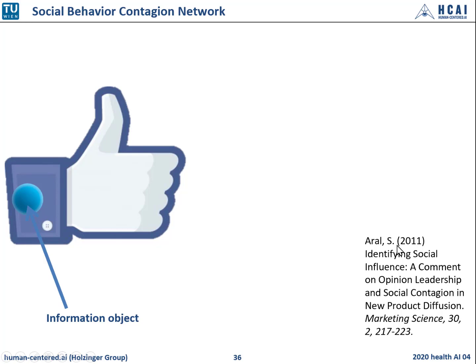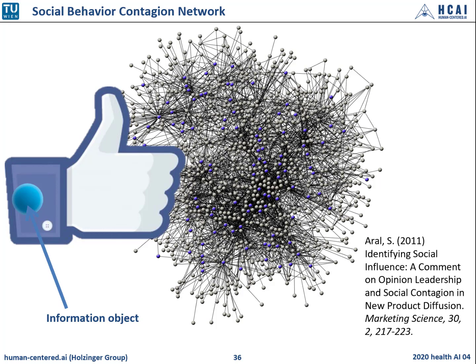Sinan Aral here calls this behavior contagion, and it is of much importance for research to know how human behavior can spread, for example, like here. So we can mine, for example, masses of social network data in order to gain knowledge and insight about the contagion of information, which is of interest for the health area, as you know, today, and in particular for public health.